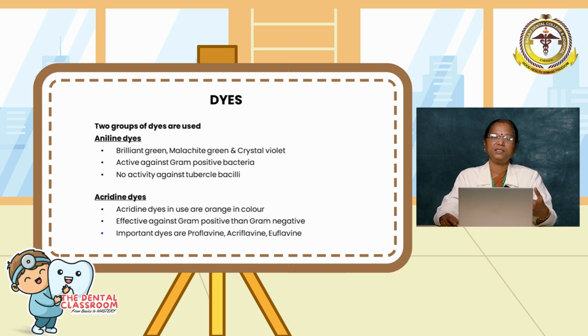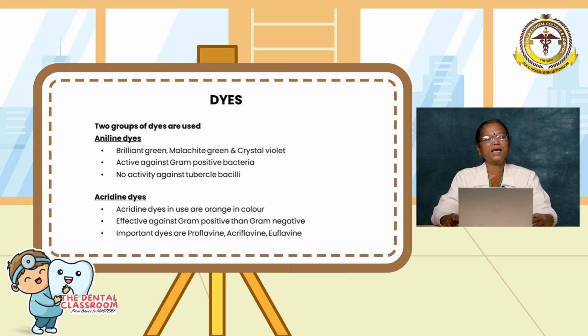If any salivary microorganisms are mixed with the sputum the patient collects for diagnosis, all these aerobic microorganisms will be destroyed when cultivated on LJ medium, because it contains malachite green. So these aniline dyes have that important property. They don't show any activity on tubercle bacilli, but they are very active against gram-positive bacteria.